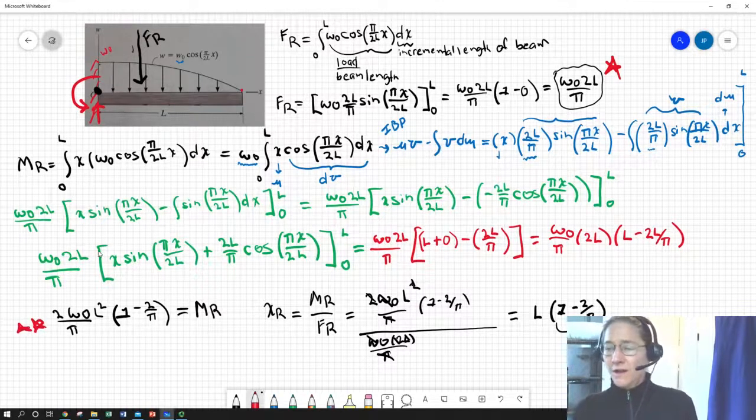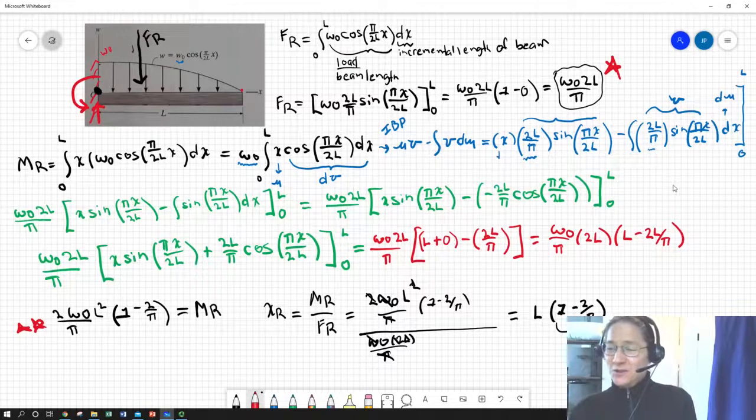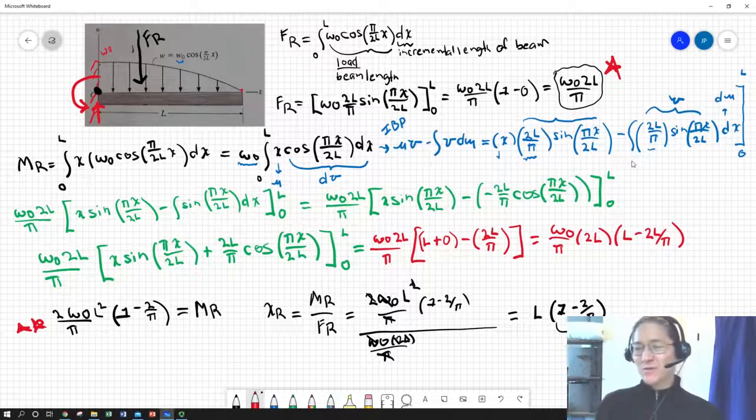So the wall would have to push up and twist back in order to keep this beam in static equilibrium. So that is it for this mini lecture and adventure in integration by parts review in order to get our equivalent moment.